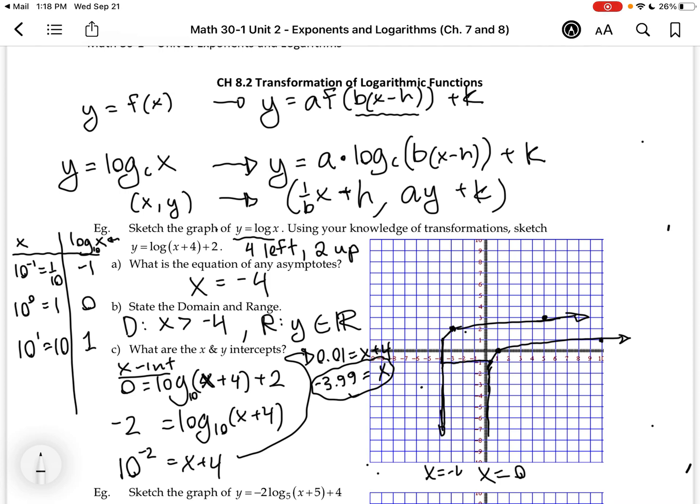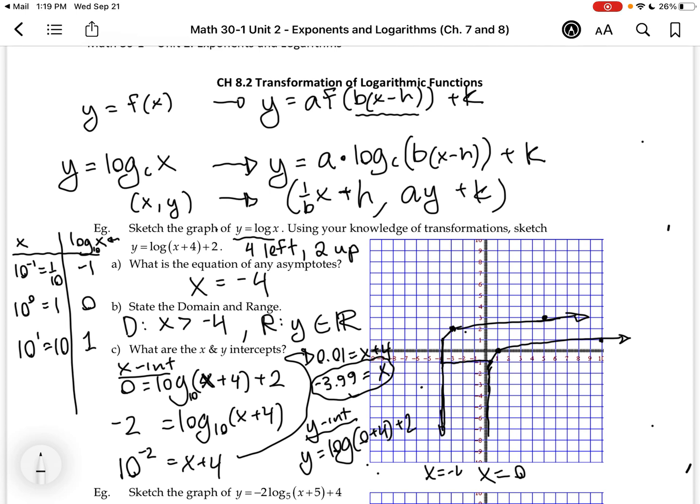In this case, for the y-intercept, right? For a y-intercept, that's when the x value is 0. So this one you have to do on your calculator because that value is going to be log, whoops, my pen cut out, there we go, of 0 plus 4 plus 2.